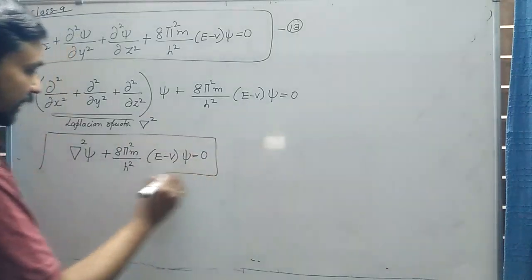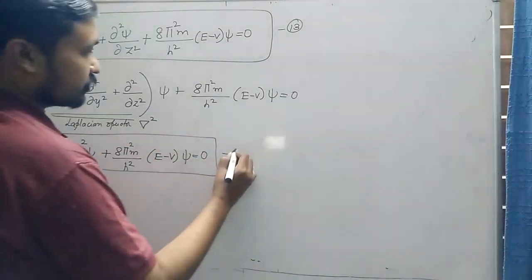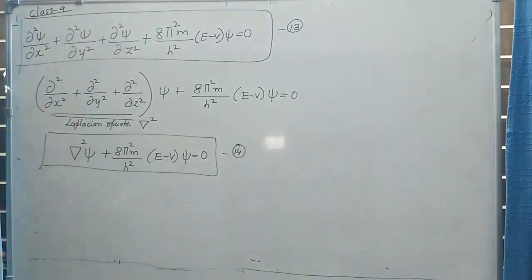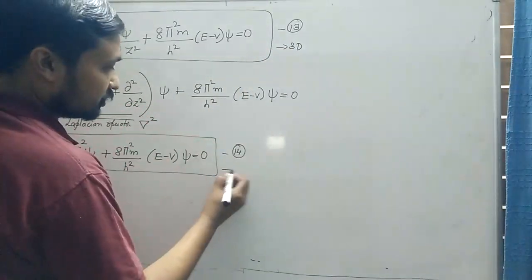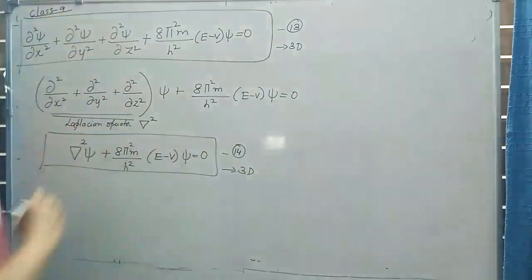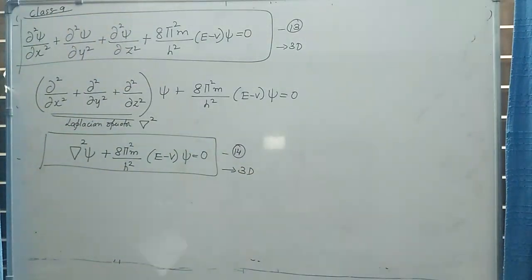This is another way of writing the Schrodinger wave equation. So this is a three-dimensional Schrodinger wave equation, written in different forms.